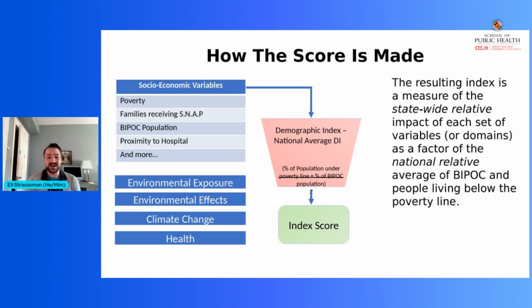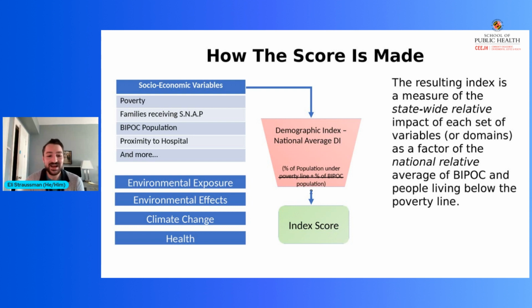a very straightforward way to determine the relative disadvantage of a community. It is literally the percentage of the population that is below the poverty line plus the percentage of individuals who are BIPOC, divided by two.